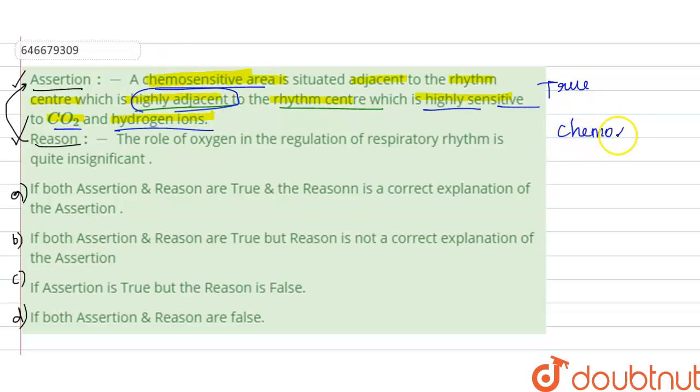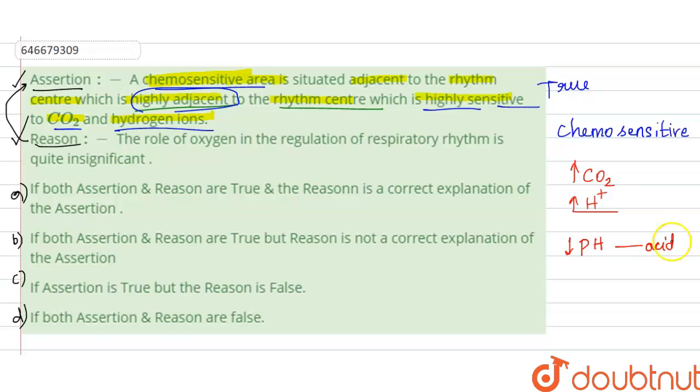They are also called chemosensitive. What is chemosensitive? They have chemical receptors which sense the presence of carbon dioxide and hydrogen ions. How is it sensing? When carbon dioxide is increased in our blood, H plus concentration automatically increases, and this H plus concentration will lead to a fall in the pH. So it will make the blood acidic.